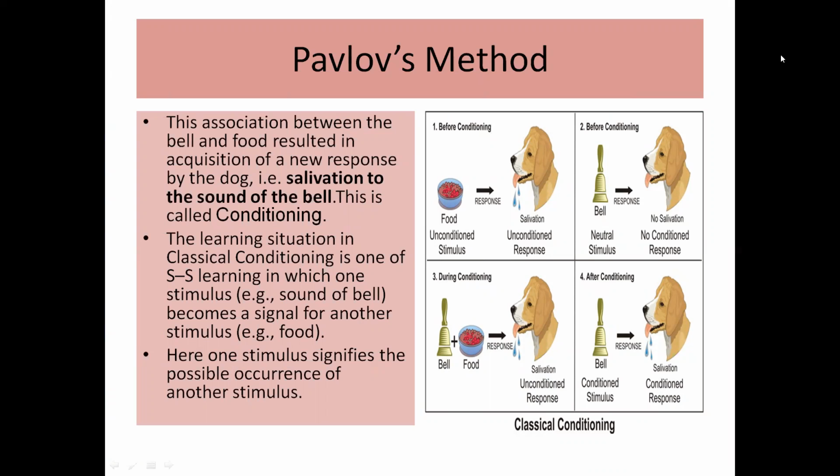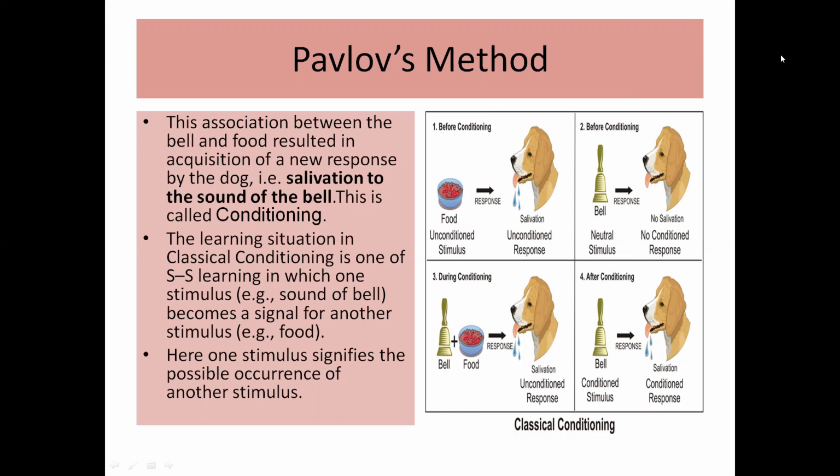As you can see from this picture, before the conditioning took place, the food was an unconditioned stimulus because the dog was not used to it, and salivation was an unconditioned response. Then the bell was sounded, which was a neutral stimulus. The sound of the bell did not produce any kind of salivation, so there was no conditioned response.